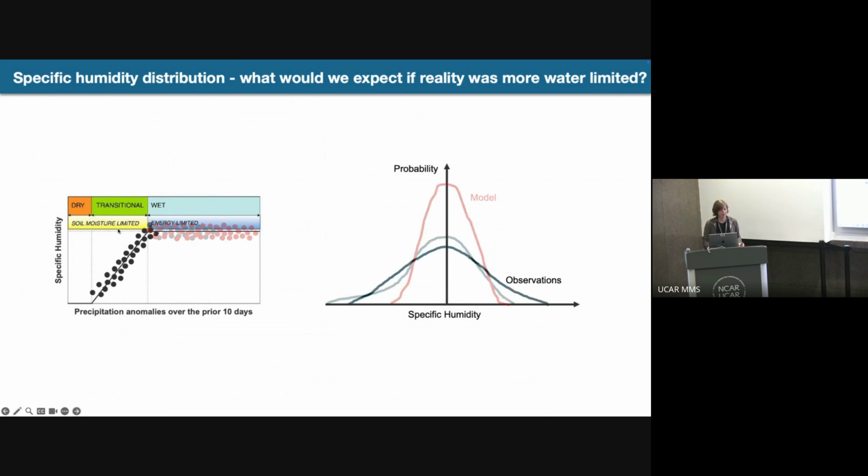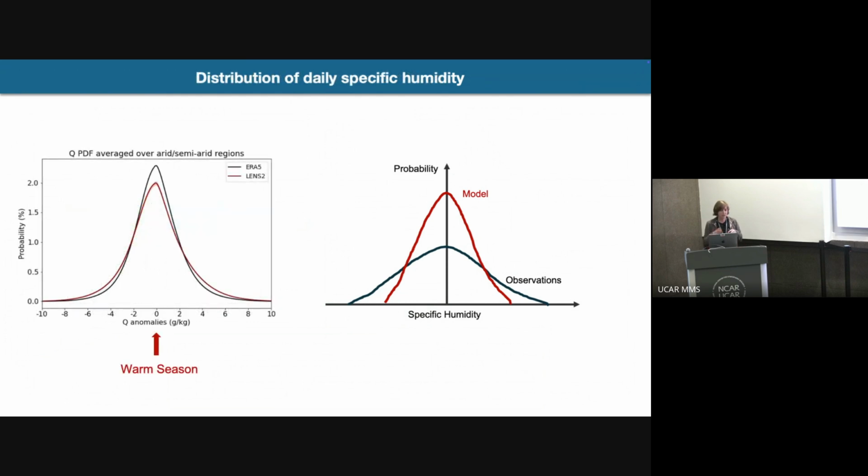You could also imagine that if they're both in this transitional regime, but the slope was shallower, you would just have a narrower distribution of daily humidity in the model. When we look at the distributions of humidity, we don't see any evidence of that. If anything, there's a slightly larger distribution of near surface humidity in the model than in ERA 5. Again, with the question of can you really trust ERA 5?